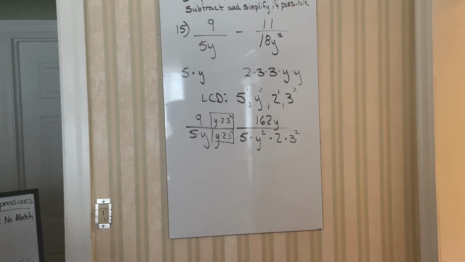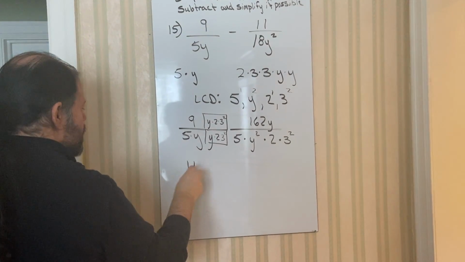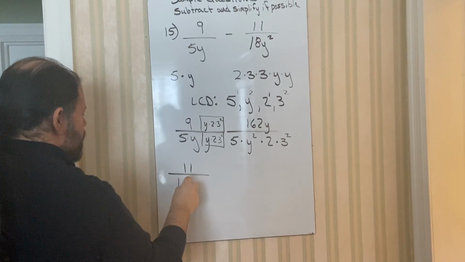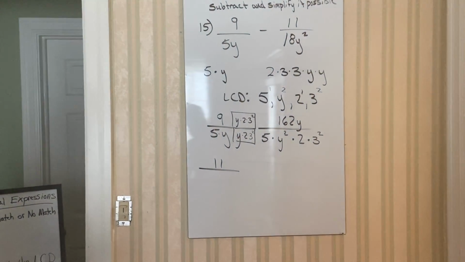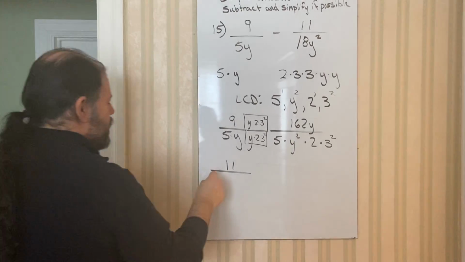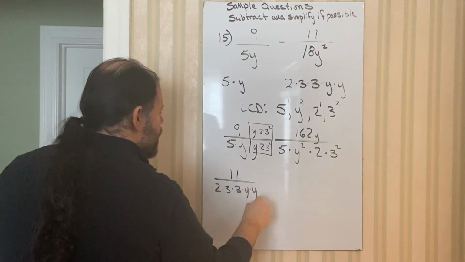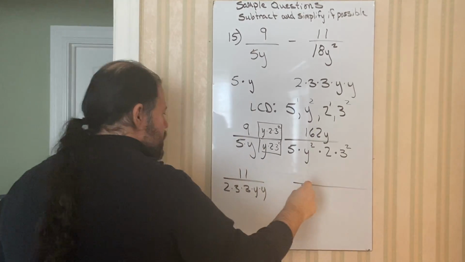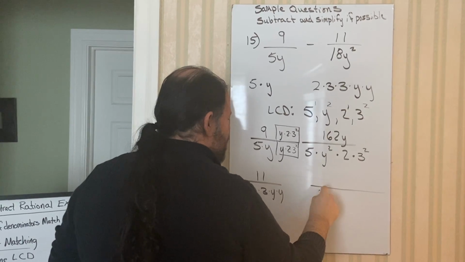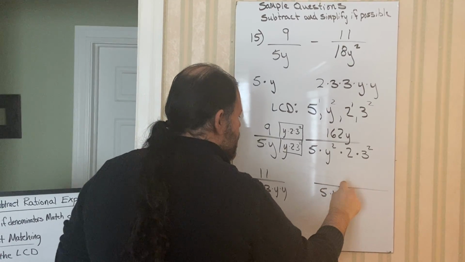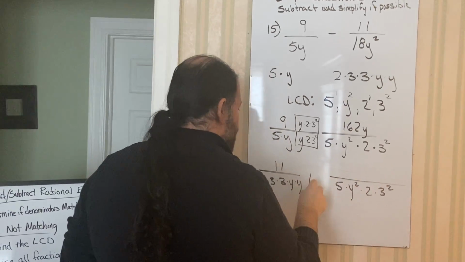Let's do the other fraction. Now instead of me keeping it 18y squared, remember what I told you? Use the factored form. The 2, 3, 3, y, y. Compare that to 5, y squared, 2, 3 squared.